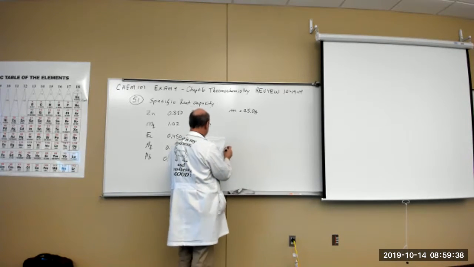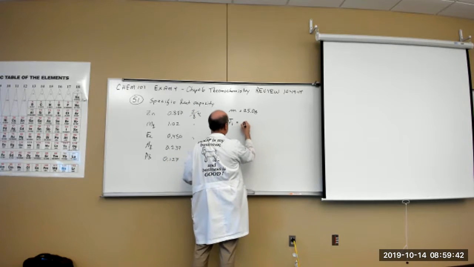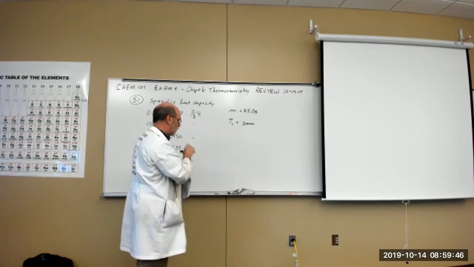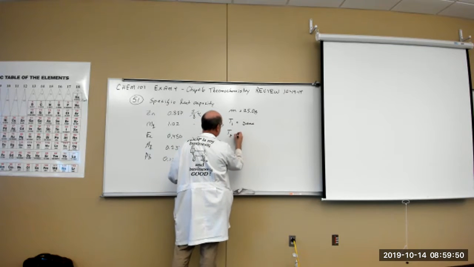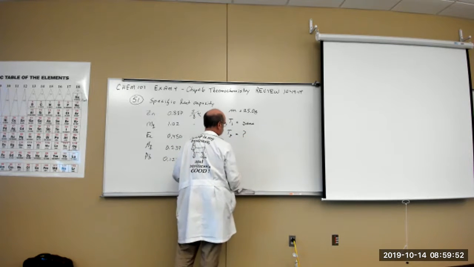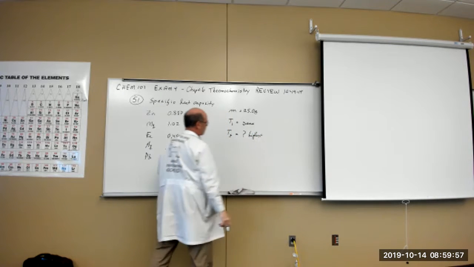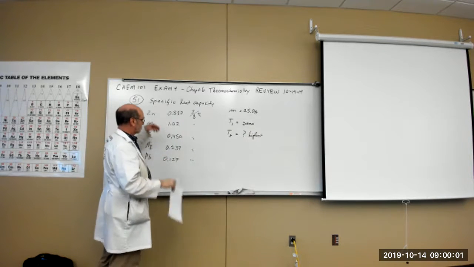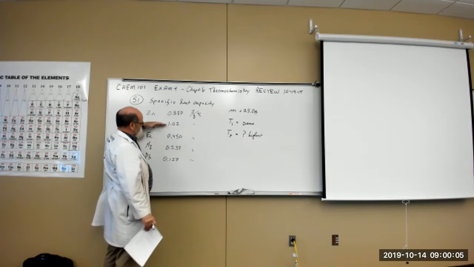Okay, the same amount of heat is added. Their starting temperatures are the same. So they're all starting at the same temperature. What we want to know is which one has the highest final temperature, if you add the same amount of heat. So what does this mean? Let's start with this one.